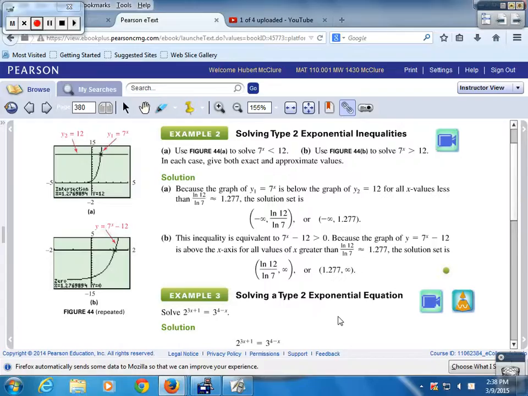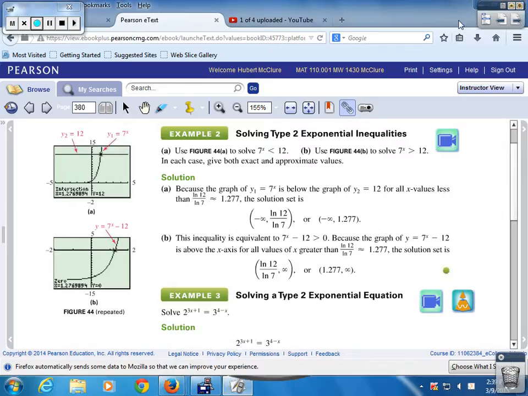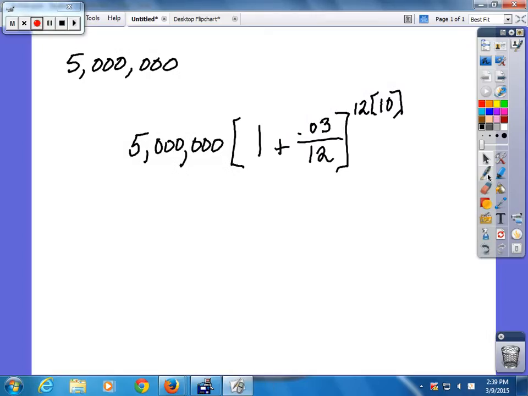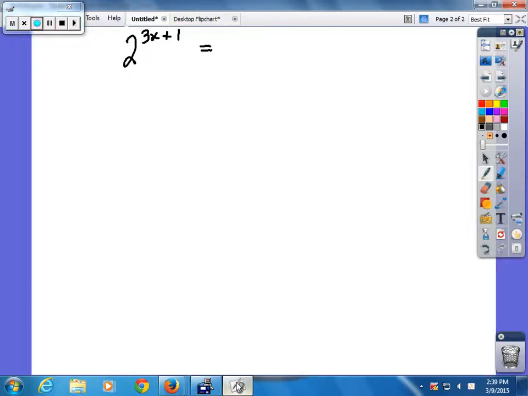So let's try 2 to the 3x plus 1 is equal to 3 to the 4 minus x. All right, solve that one.